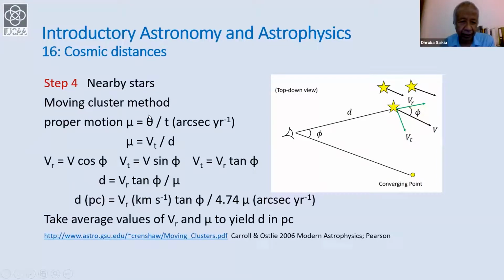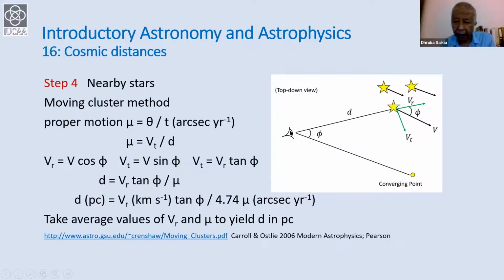Now theta you can relate to the velocity at which it is moving, by taking that it'll traverse a distance D, or capital D or R, whatever you want to call it, and that can be related to this distance D and the velocity at which it is moving. You can play around with it a little bit and you'll get an expression: mu can be expressed as the transverse velocity divided by the distance.